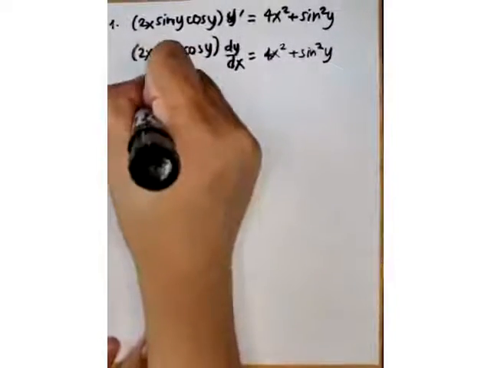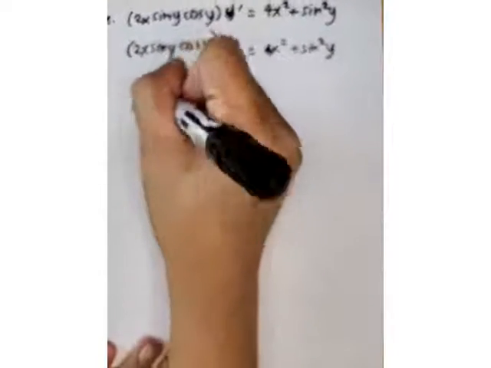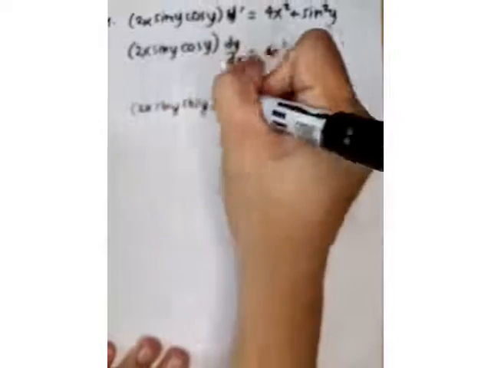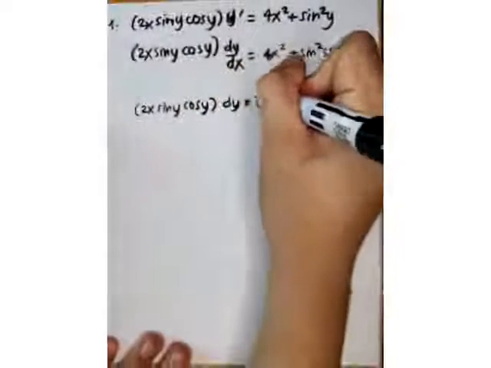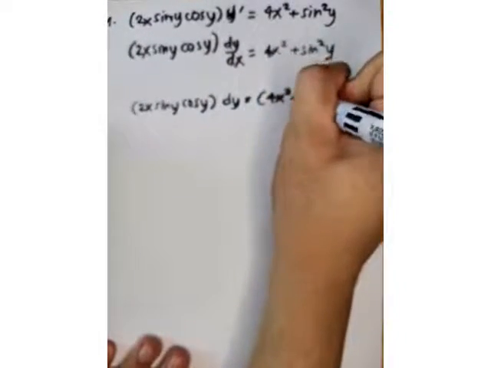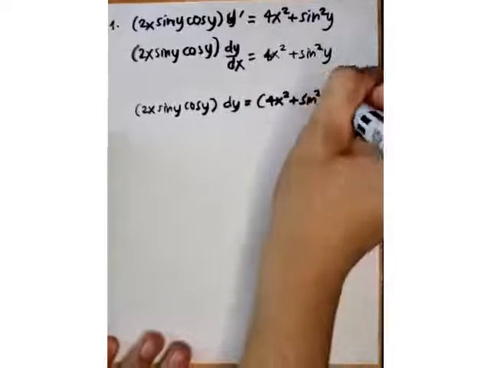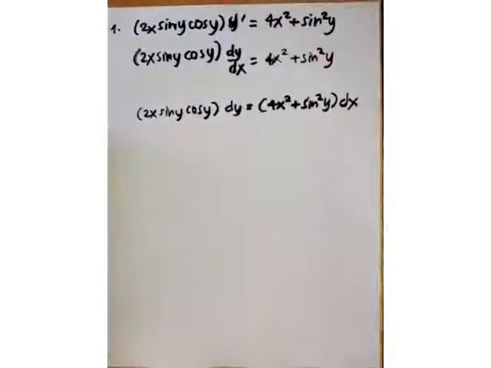So magiging siyang 2x sine y cosine y dy is equal to the quantity 4x squared plus sine squared y dx.